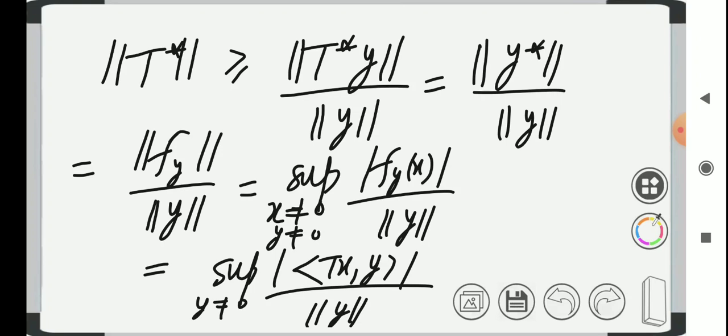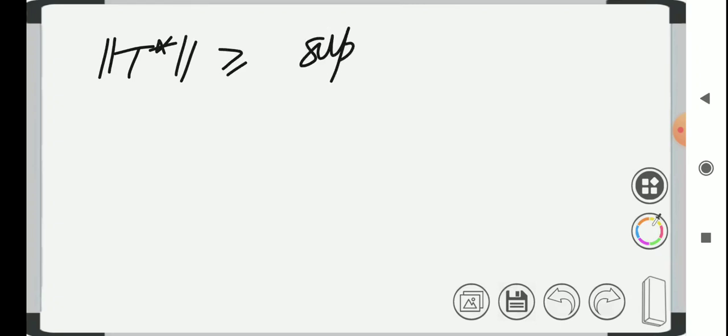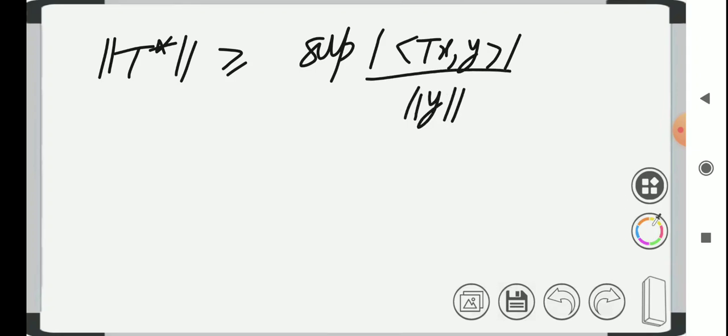Let me rewrite this inequality: until here we got that the norm of T star y is greater or equal to the supremum of the modulus of the inner product of Tx with y over norm y, y non-zero, x non-zero.